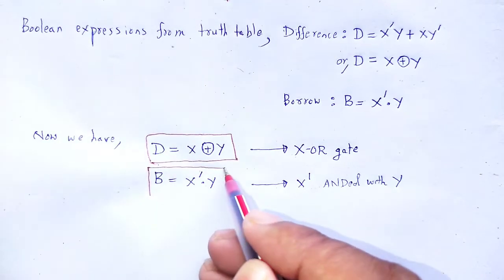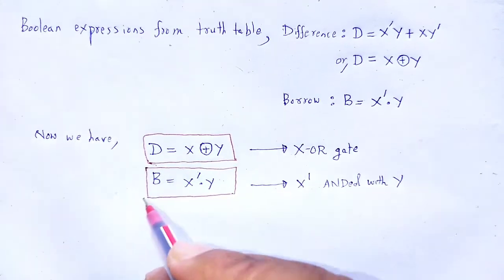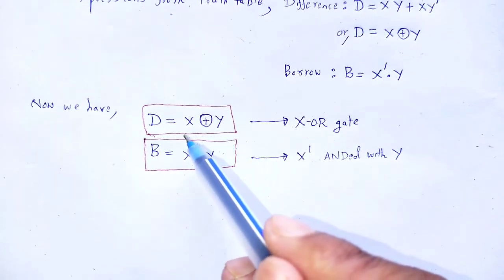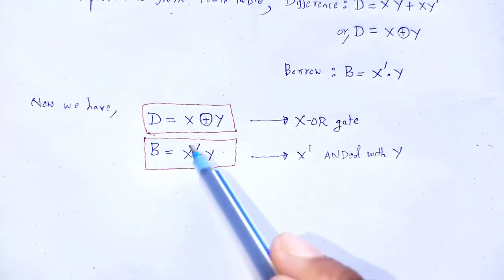Now we draw the logic circuit. For achieving D, an XOR gate is used.